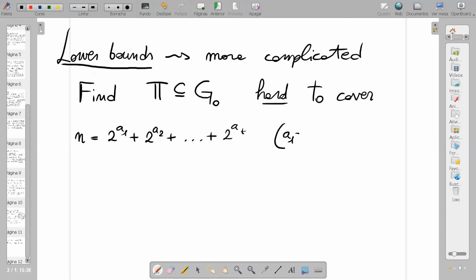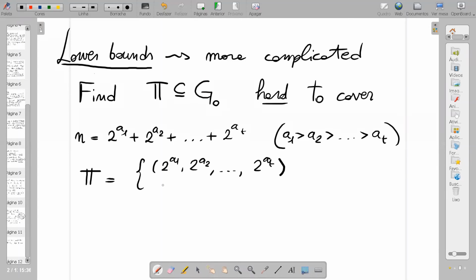Where A1 is strictly larger than A2, strictly larger. So you can write n in base 2, okay? And then you define a set pi that looks like this. Just to tell you how it looks, this set pi: 2 to the A1, 2 to the A2, 2 to the AT.